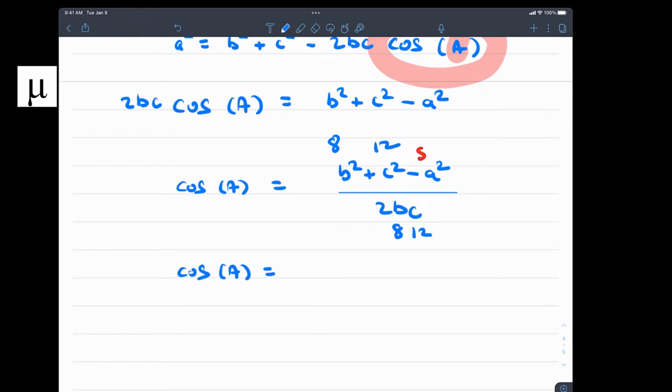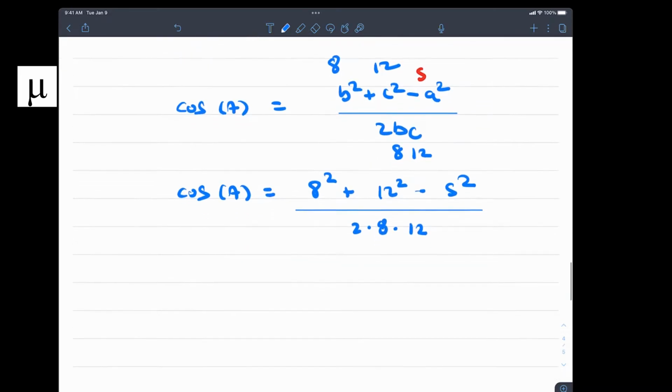Cosine A becomes the following: 8 squared plus 12 squared minus 5 squared over 2 times 8 times 12.